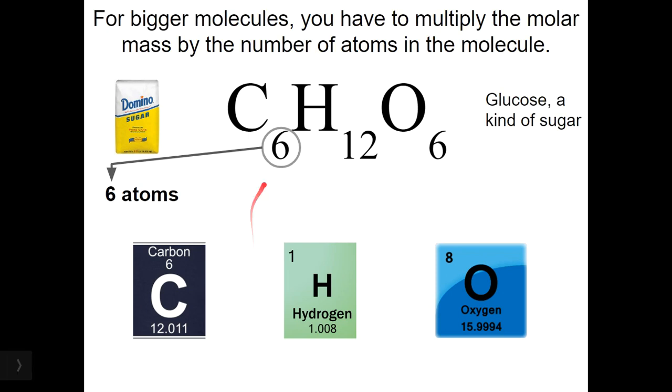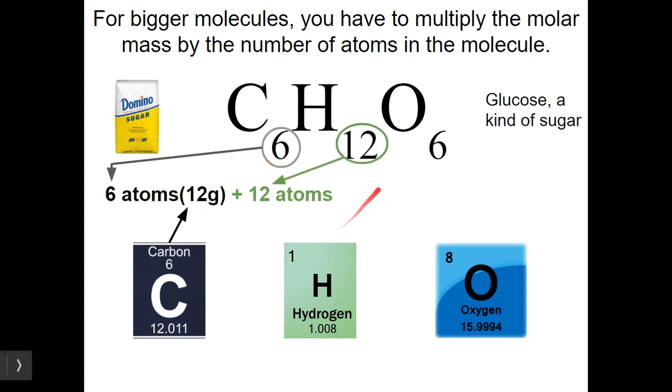Okay, so we're going to say, look, this molecule has 6 atoms of carbon in it because this little 6 goes with this C. And so then we know that from our periodic table that each one of those is 12.011. I'm rounding it to 12 grams up here. 12 grams in a mole of 1 mole. But if there's 6 atoms in there, then we're going to multiply these together.